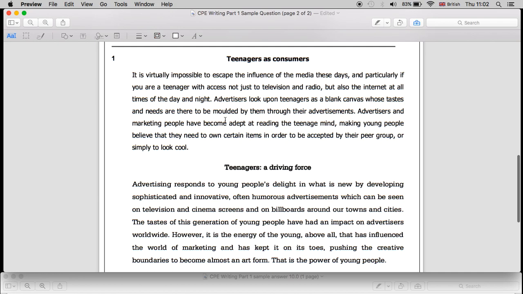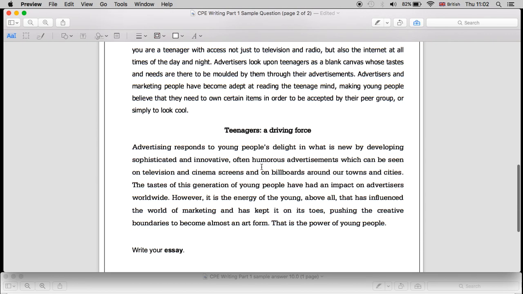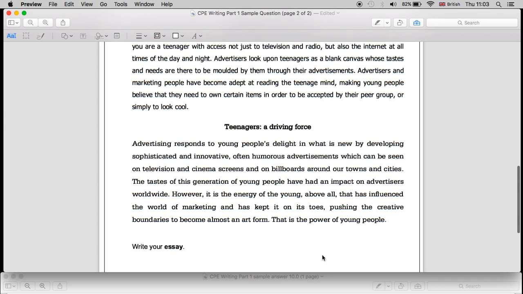To become adept at something, to become highly skilled. Humorous advertisements, funny ads. The tastes, the preferences have had, let's say, an impact on global advertising. Okay, we've got the idea.